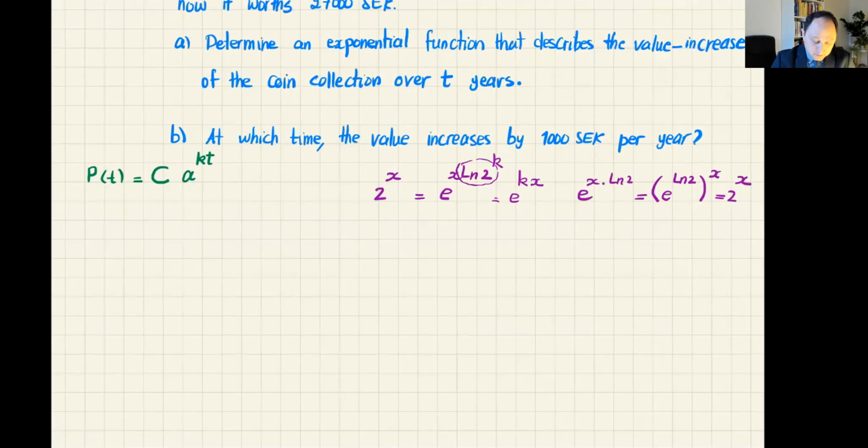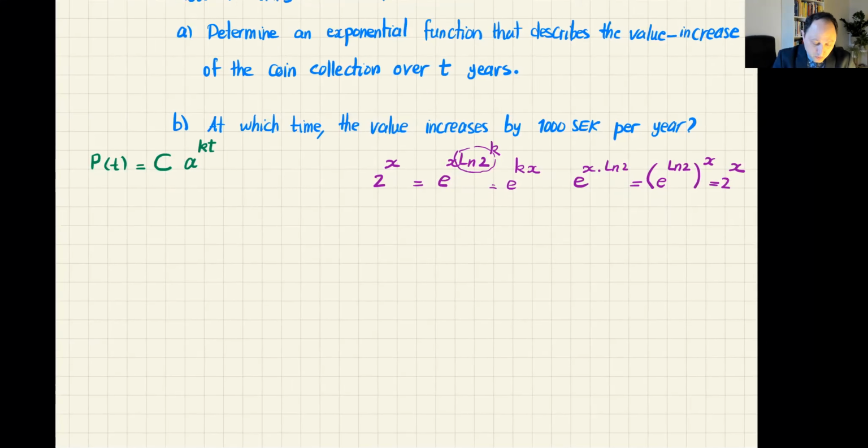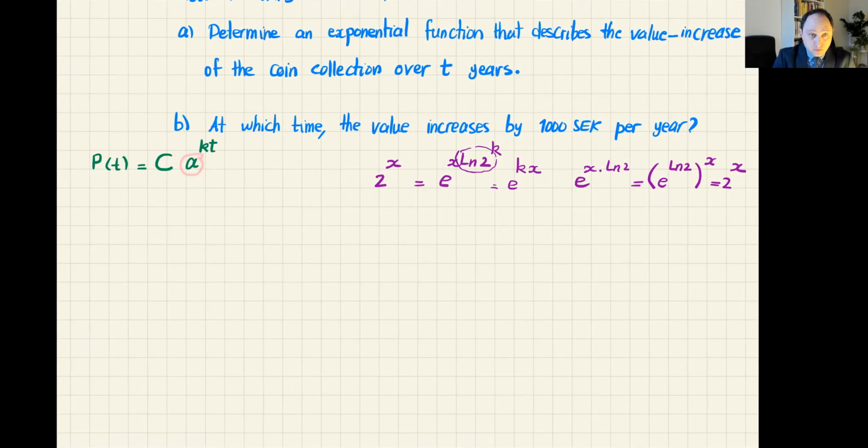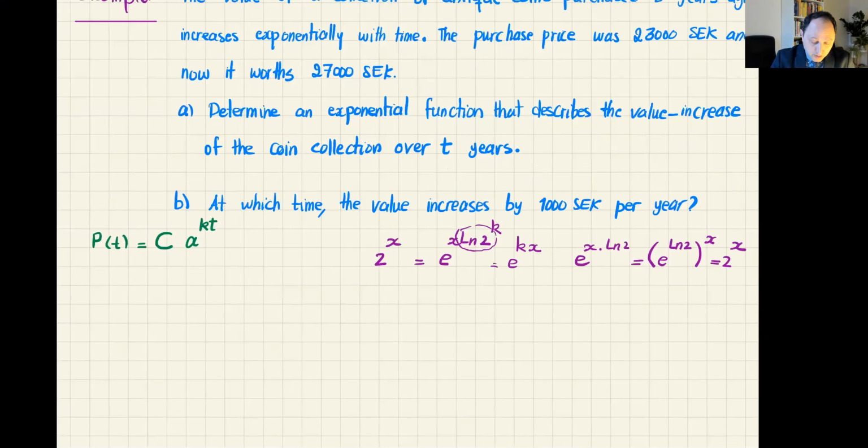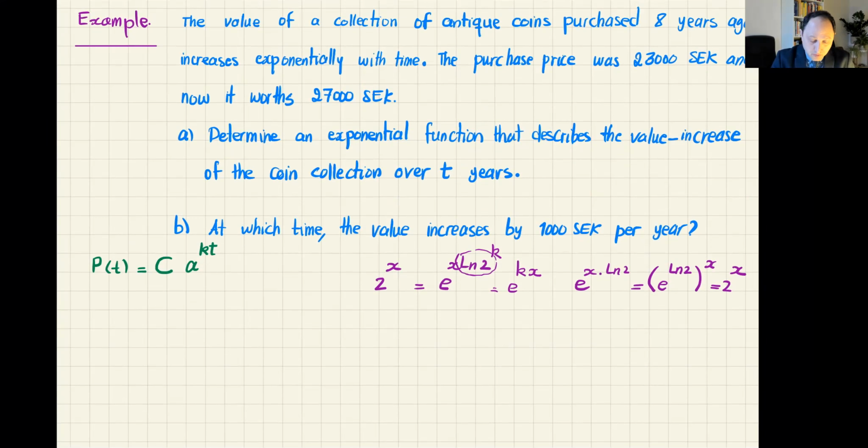In Math 2C, if I remember, or Math 1C, I don't remember exactly right now, we were talking about exponential models, but in those problems this base a was given to us directly, so we started working in those bases. But now, here, we have only the information that this model is exponential. That is up to you to choose this base, what you want to choose for this base.